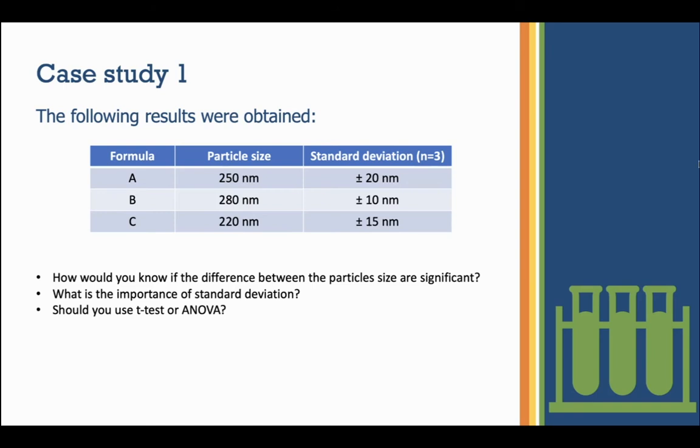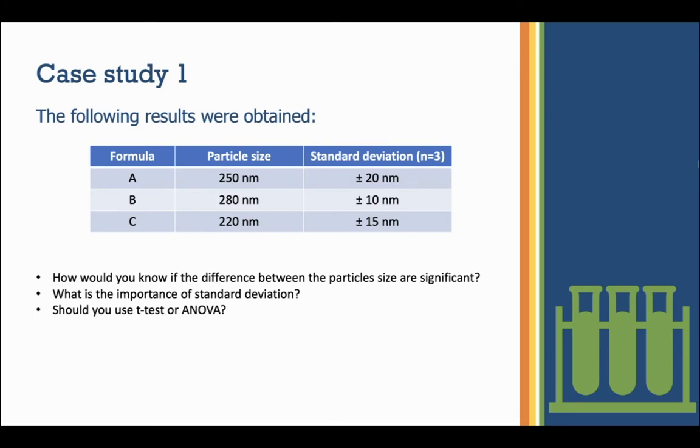The standard deviation here will tell us the repeatability of the formula. So if the standard deviation is very big, it means that the formula does not produce particles with the size that are consistent.